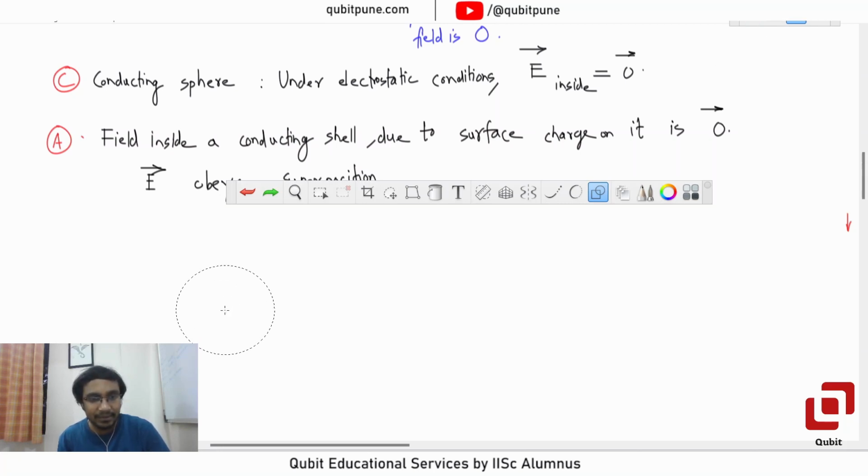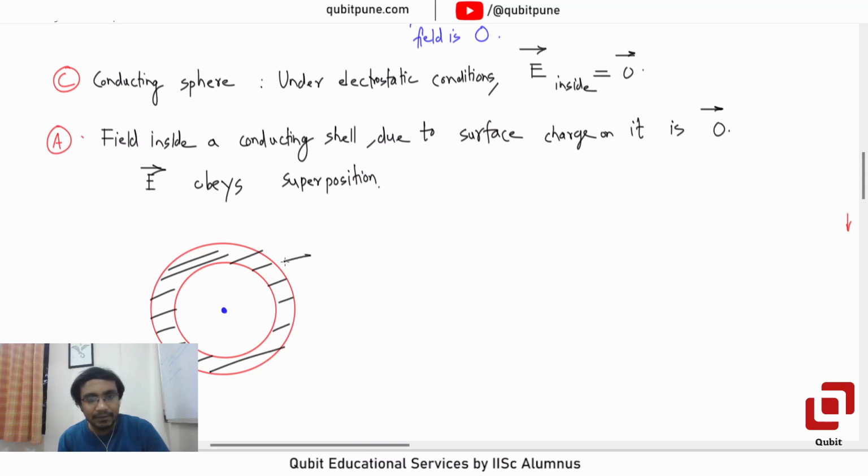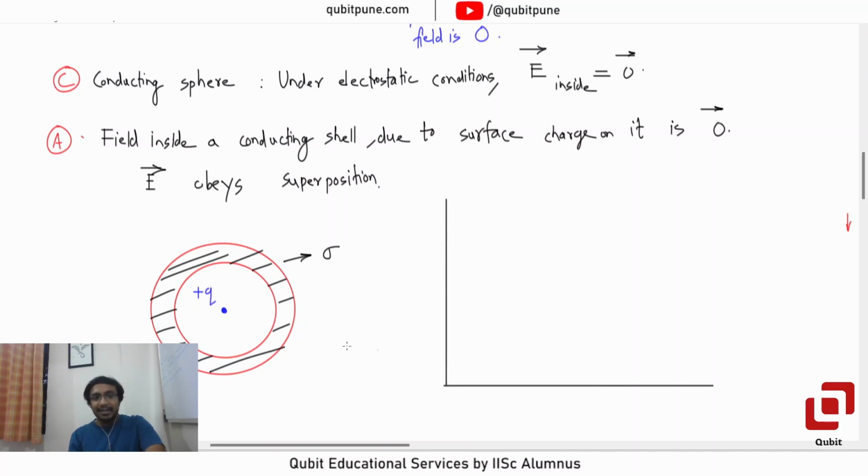Let us say we have this thick conducting sphere, and inside the sphere we have a point charge. This sphere is definitely going to have some surface charge density on it.